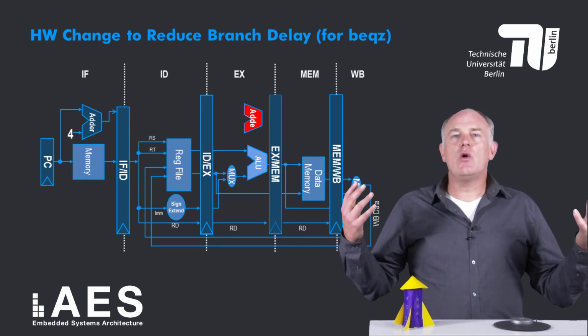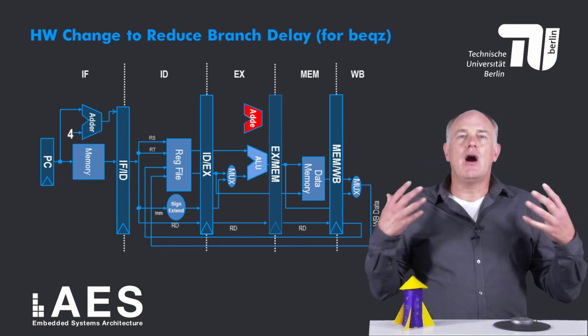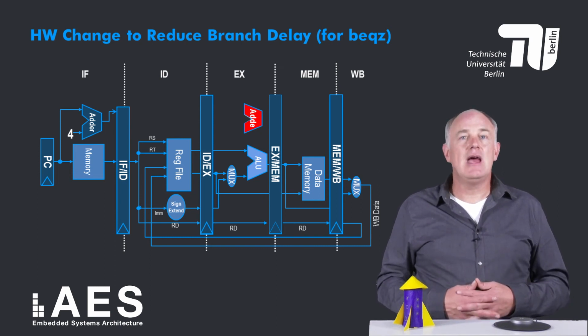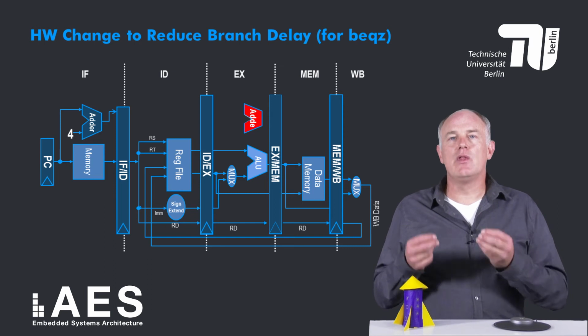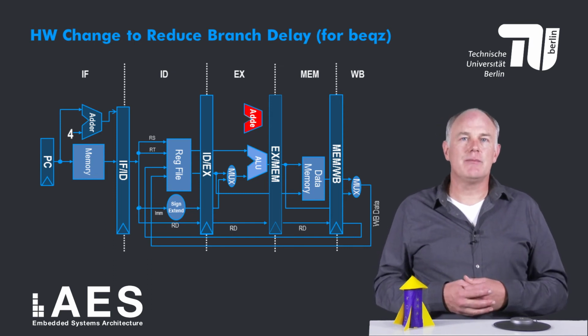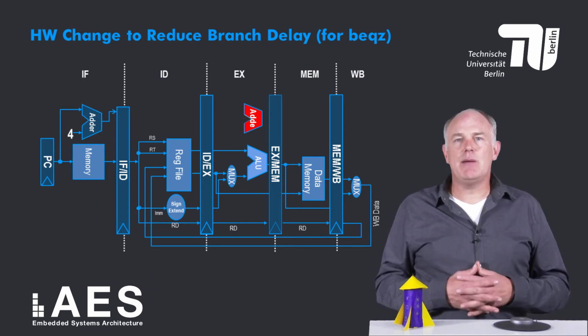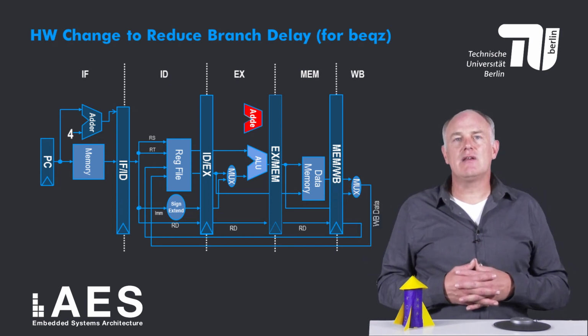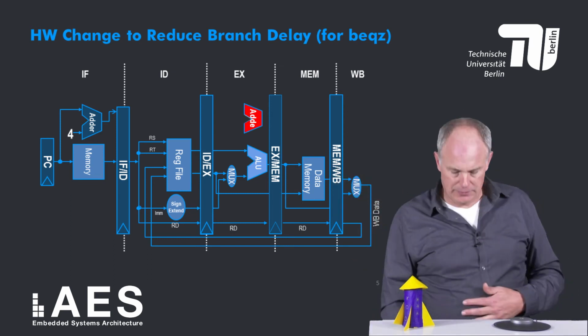Now I sketch how the pipeline data path, the hardware, needs to be changed in order to reduce the branch delay. As an example, I will focus on the branch if equals 0 instruction. In the previous data path, the branch target address is computed in the execute stage by the red colored adder.